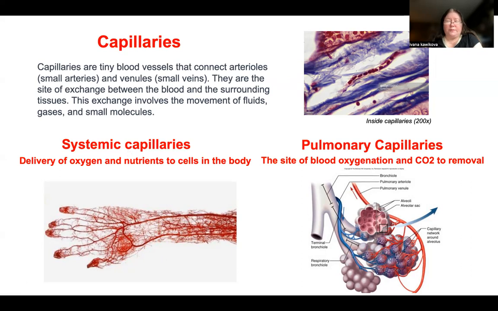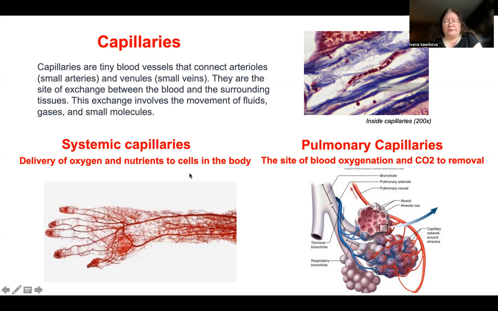meaning the circulation that brings the oxygenated blood from the heart to tissues, it is about delivery of oxygen and nutrients to the cells around the body. And then in pulmonary capillaries, the blood is oxygenated and the catabolites, carbon dioxide, is removed from the circulation as we exhale it.